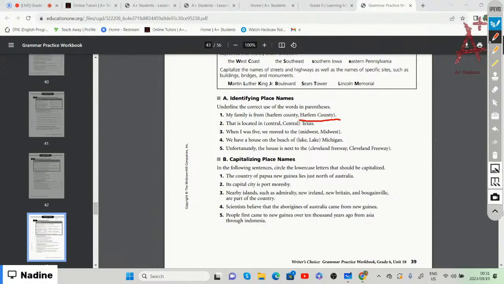So we need to choose the correct word. When I was 5, we moved to the Midwest, which is with capital letter M. All right.